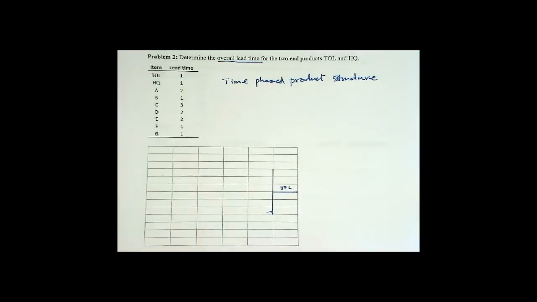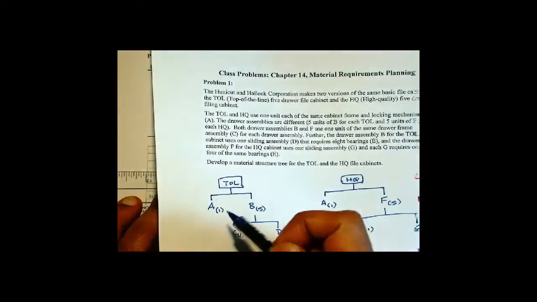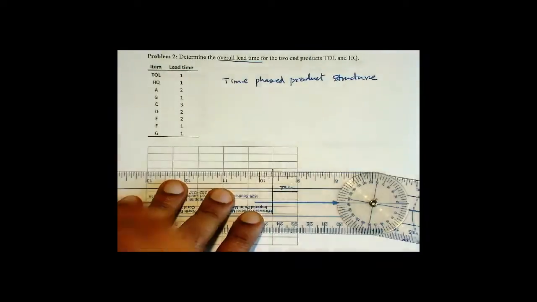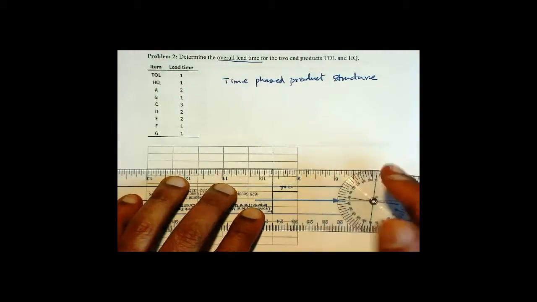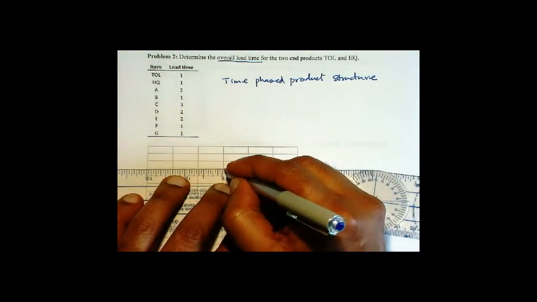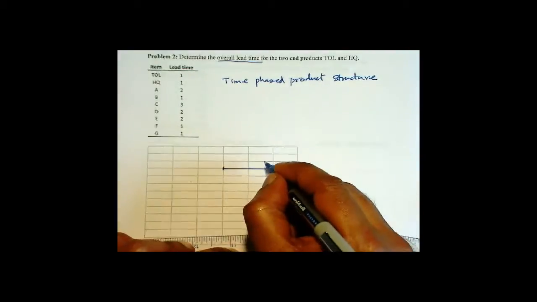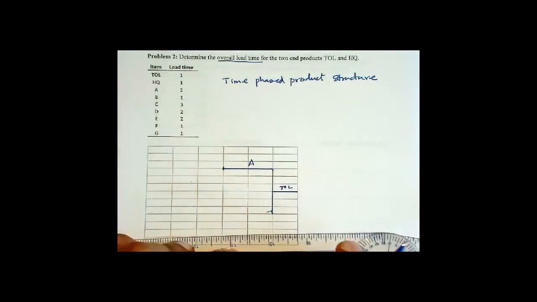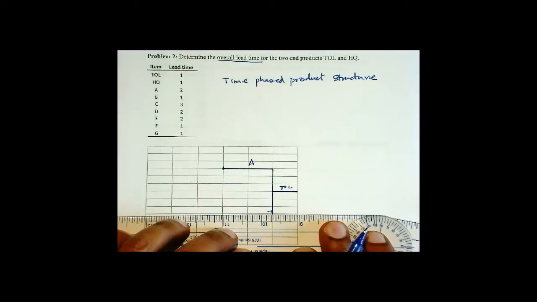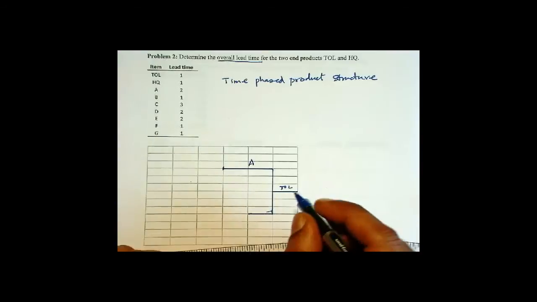It doesn't really matter. So we have A and B right below TOL. So let's put A here, and you have to use the lead time of 2. So that's A, and B lead time is 1. So that's B.